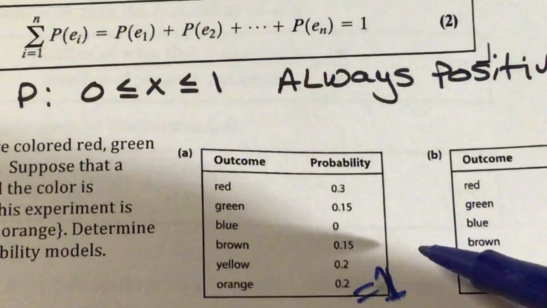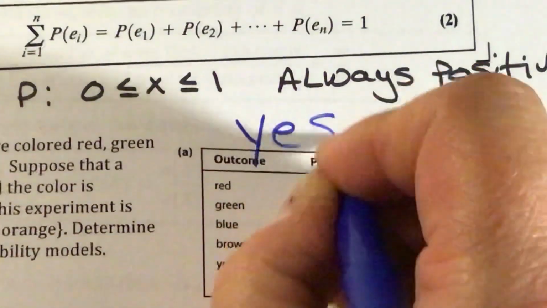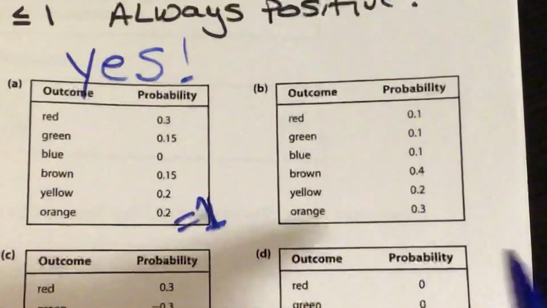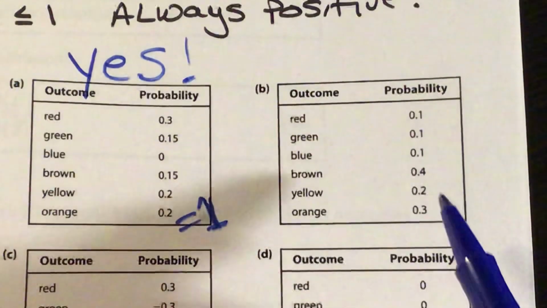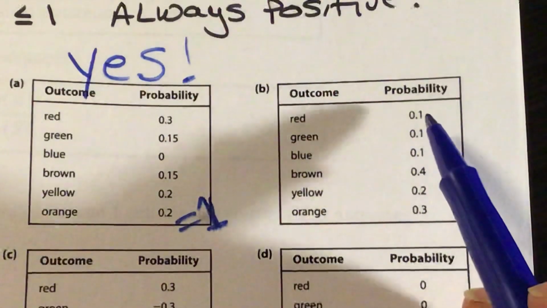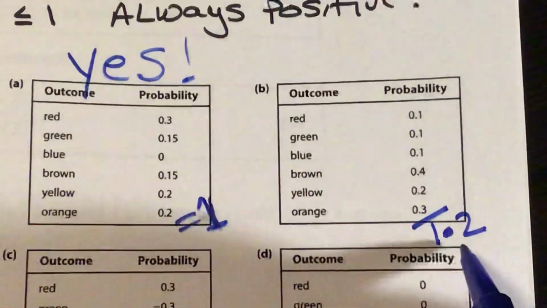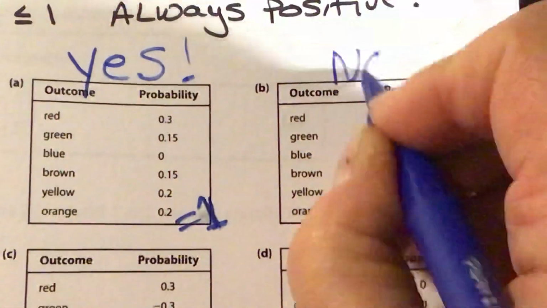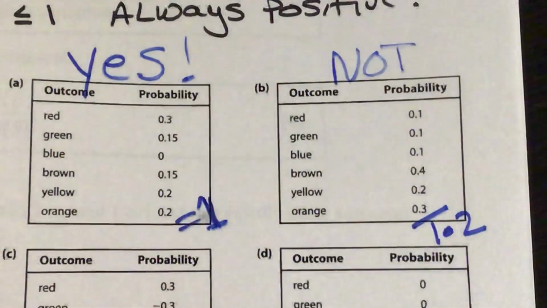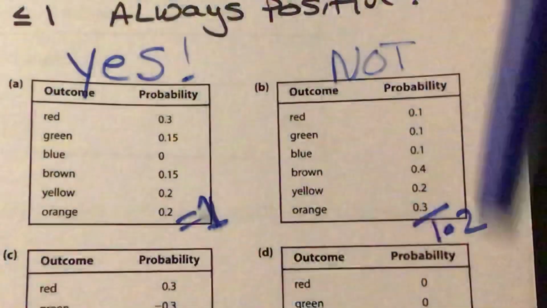All of my probabilities add up to 1, and they're all positive, so yes, this is a probability model. In part B, if I add these up, this is 1.2, which does not equal 1, so no, it is not a probability model. All of my outcomes don't add up to 1.